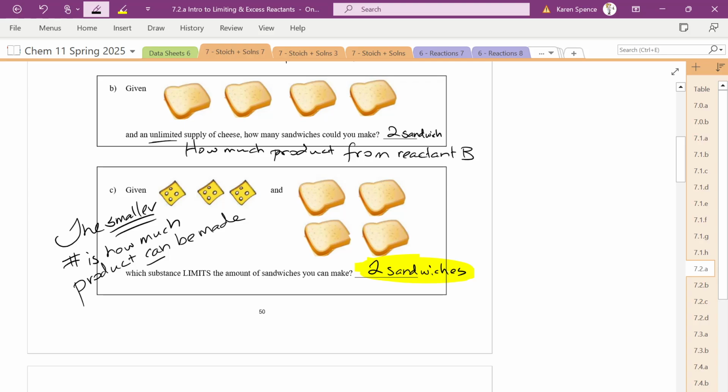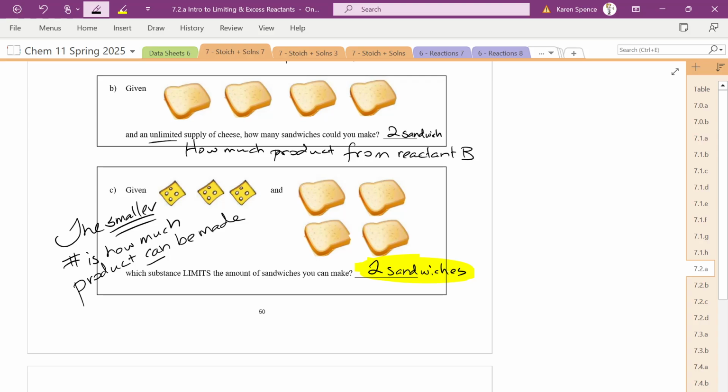Because I can give you 3 slices of cheese all you want, and you cannot make 3 sandwiches if you've only got 4 slices of bread. So in this scenario, the bread limits the amount of product. Say I have 5 slices of bread. Well, we're not going to do that because we are dealing in atoms and molecules, so we're dealing in very large numbers.